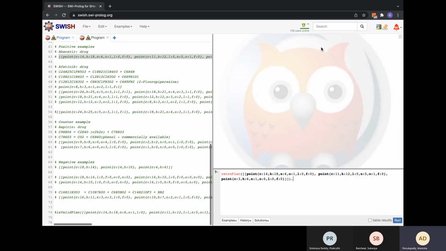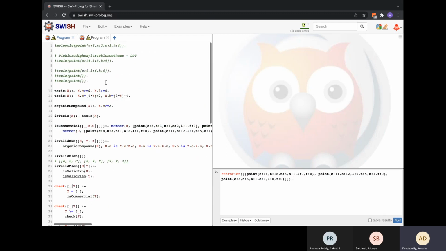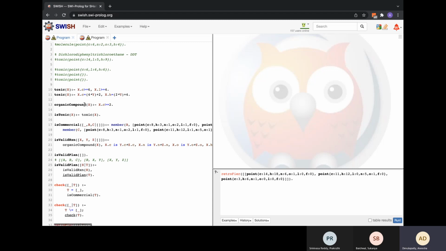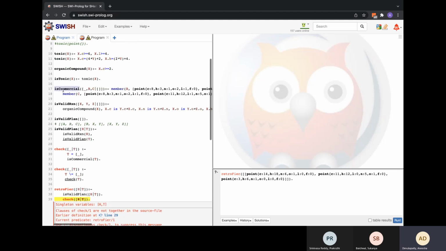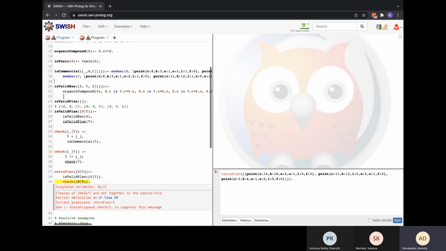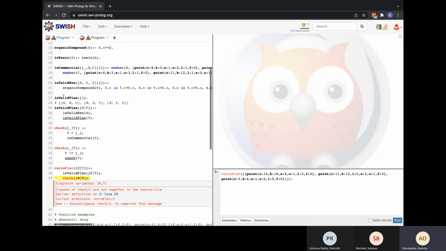To quickly show a demo of the project that we invented, the rules corresponding to toxicity of a compound, checking if an organic compound is present, and checking if it is a commercial compound or not are here.